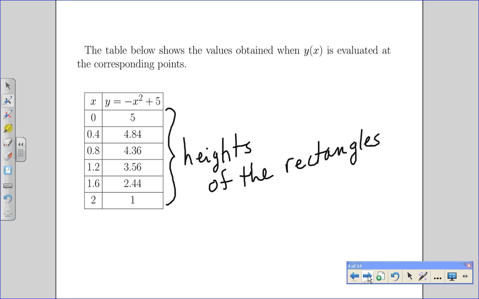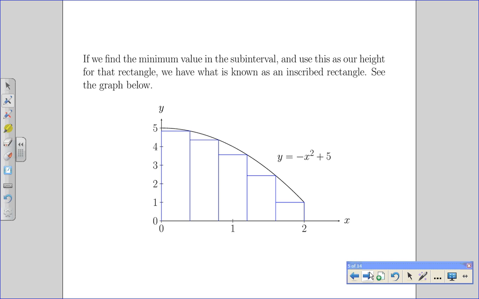Now, my next slide has the curve with all 5 rectangles. And I'm going to label these heights, because this x value is 0.4, and then we have 0.8, 1.2, 1.6, and so from my table, this height here is 4.84.